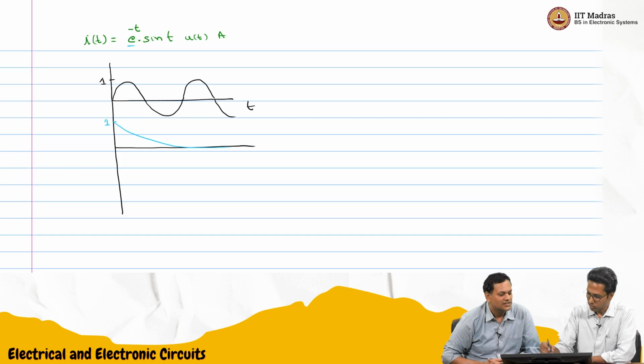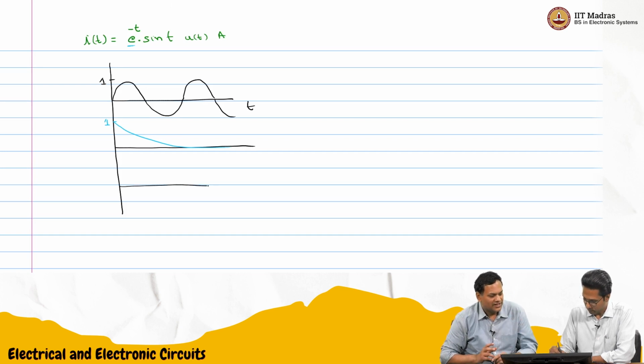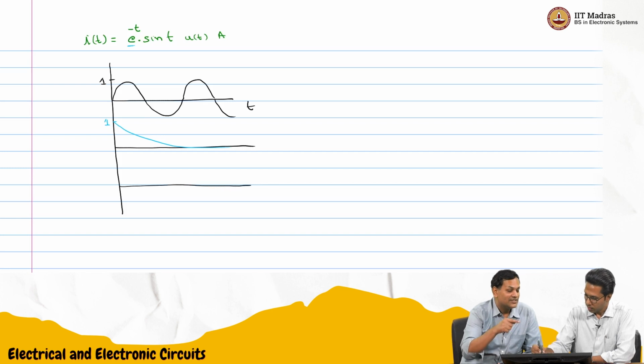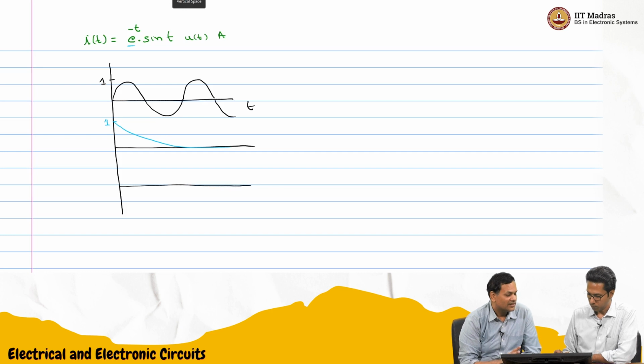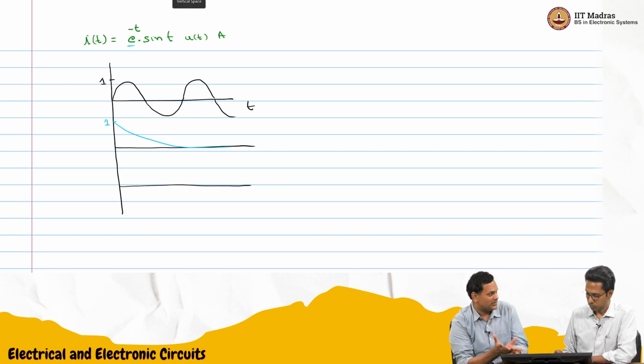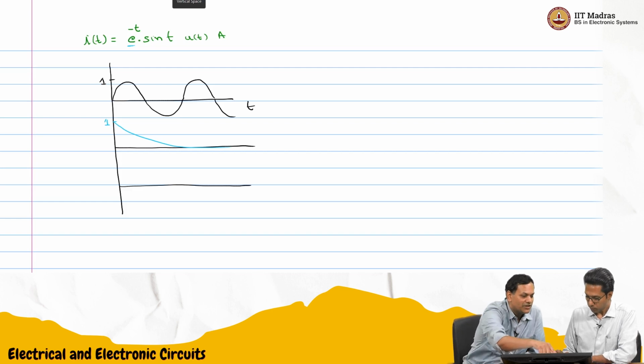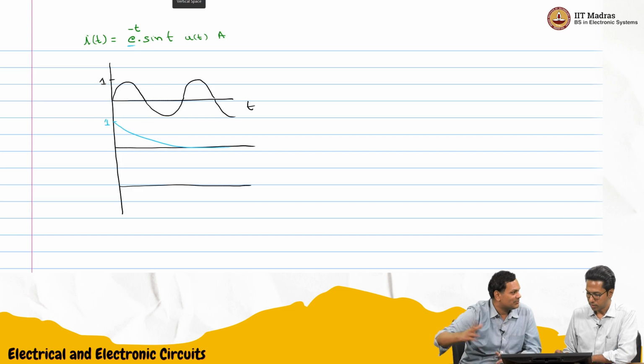If there was a tool, we could have used that. But what I'm thinking is, e power minus t represents the amplitude of the sinusoid. It looks like the amplitude of the sinusoid will reduce over time. Earlier the sinusoid had amplitude 1 forever.